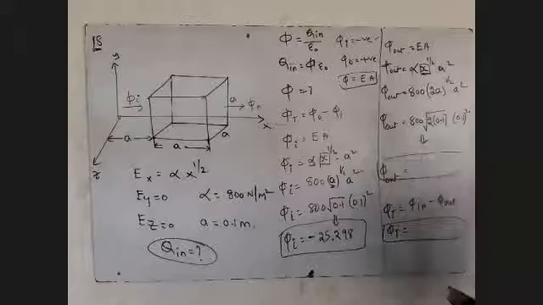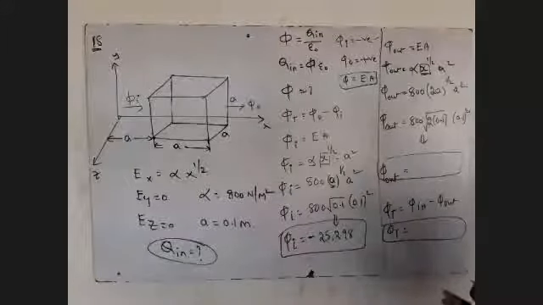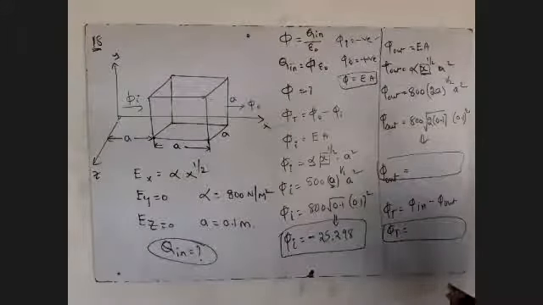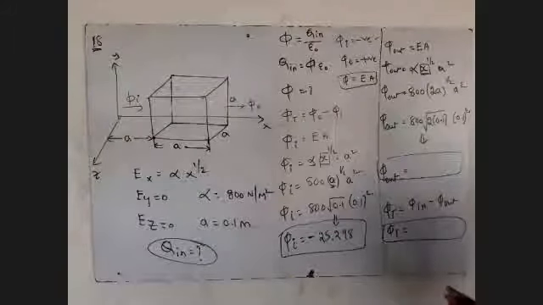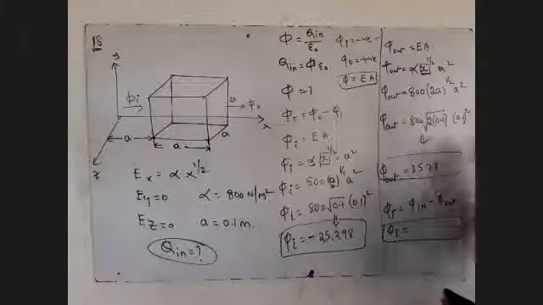Phi out is 800 root 0.2 into 0.1 into 0.1, and this value is 35.77 we are getting.